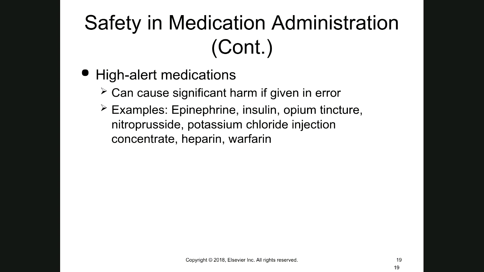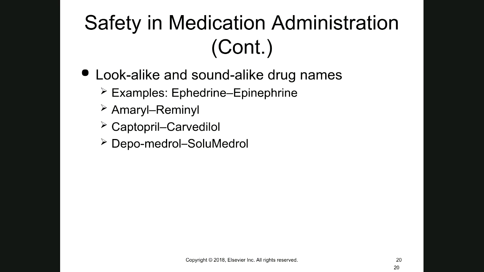And you really need to be aware of medications that sound alike, like ephedrine, and then this is epinephrine. There's two different drugs. And then Amaryl and Reminyl. And this is a blood pressure one, captopril and carvedilol.